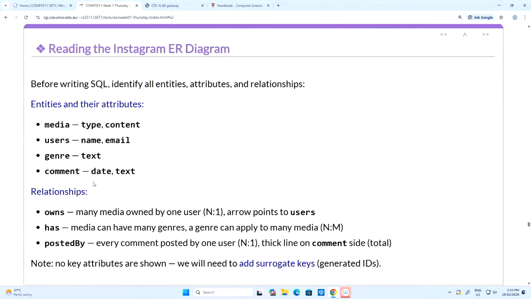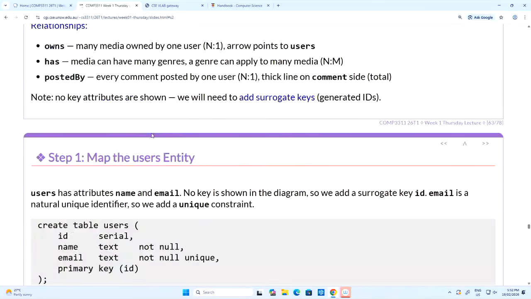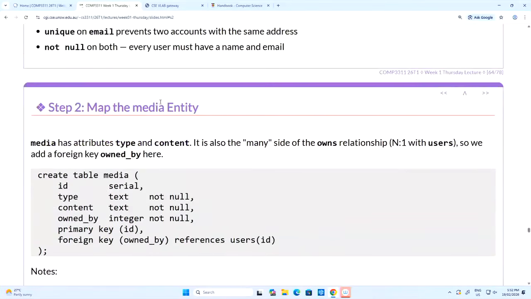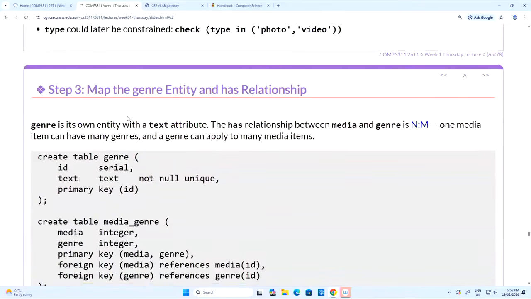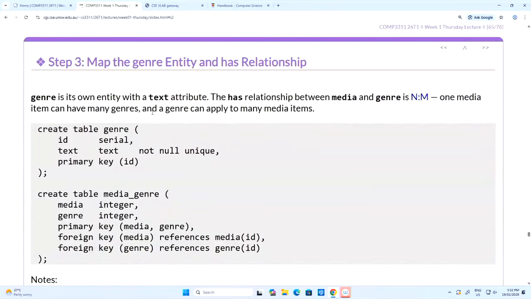So for the entities, we create their own tables: users entity, media entity, and genre entity. These entities don't have natural primary keys, so in this case, we just throw in an ID. No biggie. Like our zID is an ID. So we don't really use student email as primary key. We use an ID, which is easy to manage.